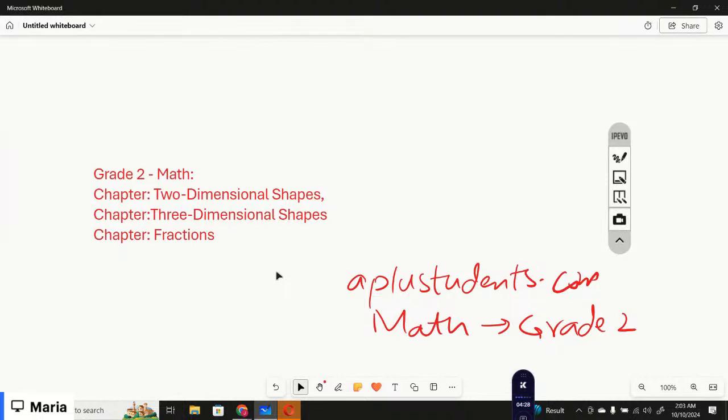There you can find a list of the chapters. We're going to start with the chapter two-dimensional shapes, three-dimensional shapes and fractions.